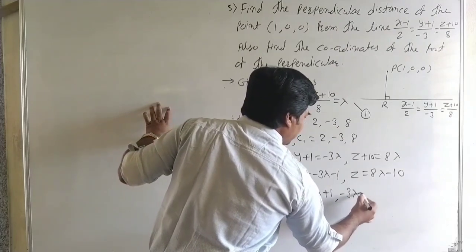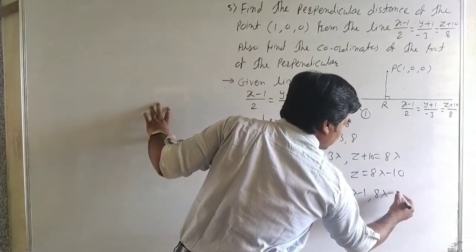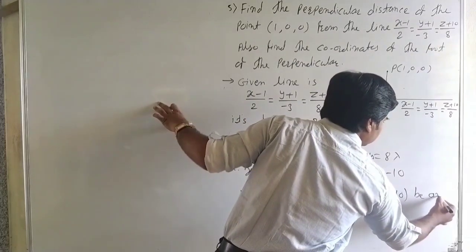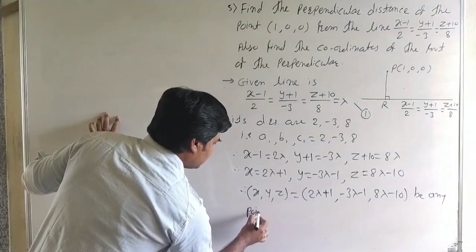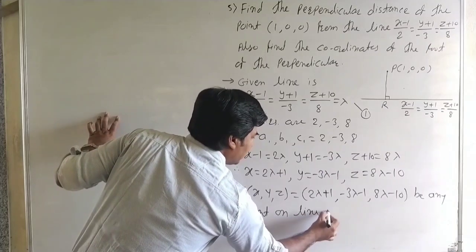minus 3 lambda minus 1 and 8 lambda minus 10 be any point on line 1.